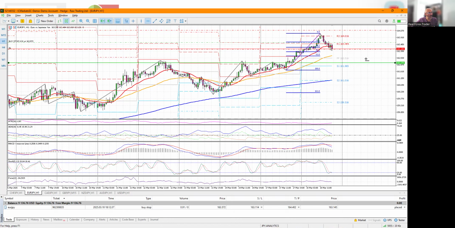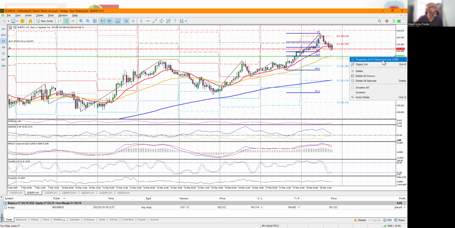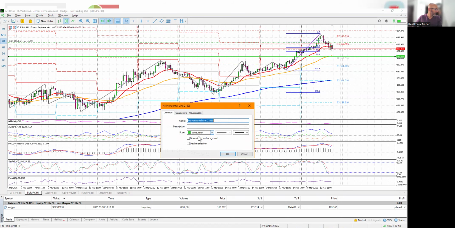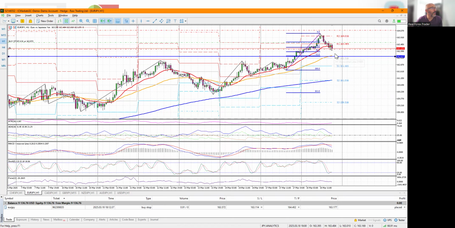My entry point: I wait for the price to come back in here to the 61.8 level of the Fibonacci. And it's a nice entry. Why? Because I have a double support here. The EMA 50 works as support, and the Fibonacci 61.8 also works as support. So that would be an interesting entry.